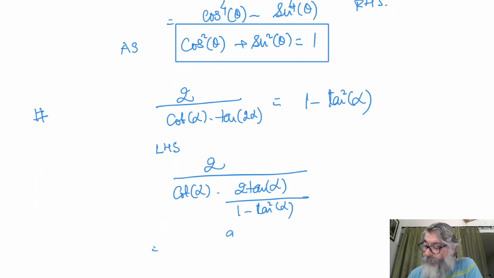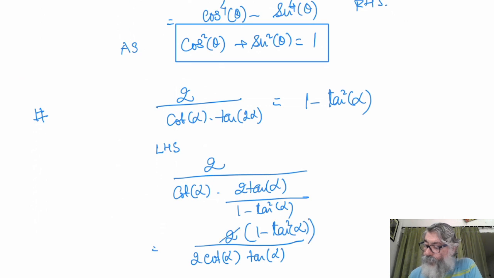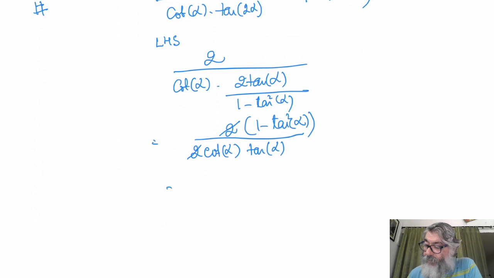So what will happen is it will become 2 upon 2 cot alpha tan alpha, and 1 minus tan square alpha will come up. This 2 will cancel with this 2. What is left is 1 minus tan square alpha, and cot alpha can be 1 upon tan alpha.